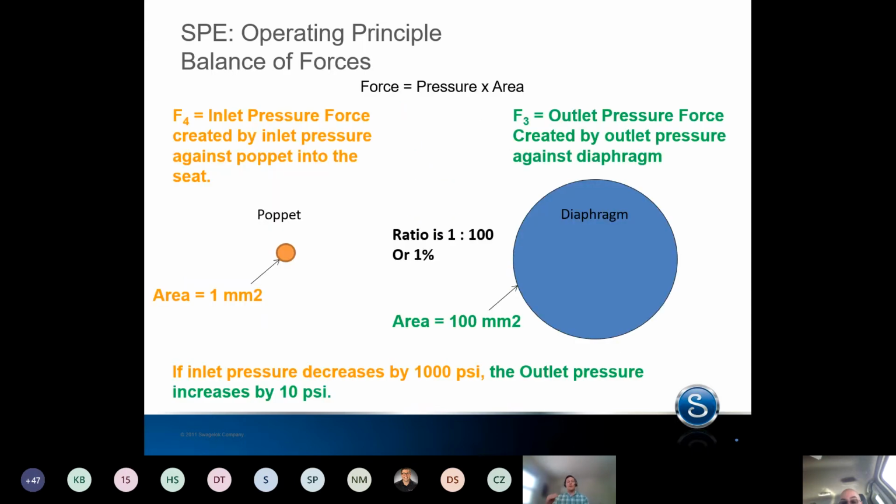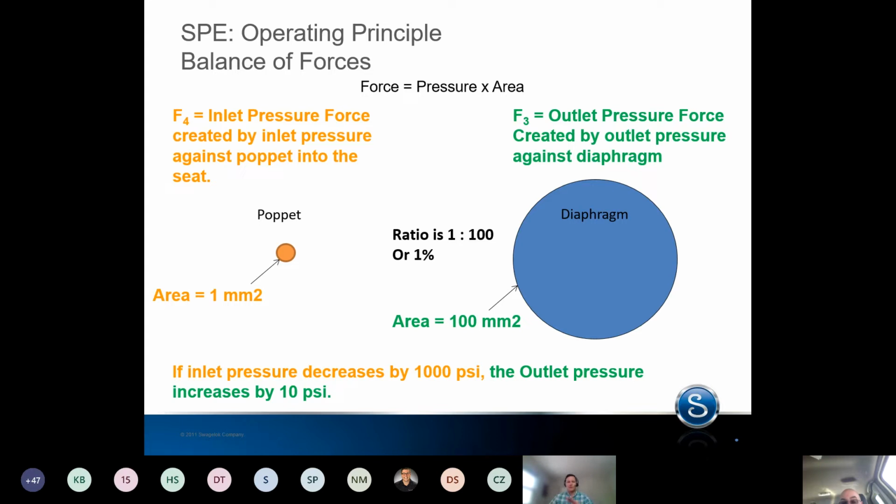The amount that F3 increases has everything to do with the ratio between the seat area and the sensing area. In this case, some pretty easy numbers: we have a 1 millimeter squared poppet area and a 100 millimeter squared diaphragm area. The ratio is 1 to 100. Our SPE is 1%.